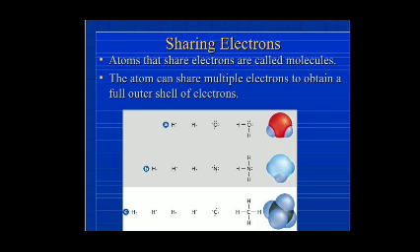So the more electronegative atom gets a partial negative charge and the less electronegative atom gets a partial positive charge. For example, H2O, NH3, CH4. These are all polar covalent compounds.